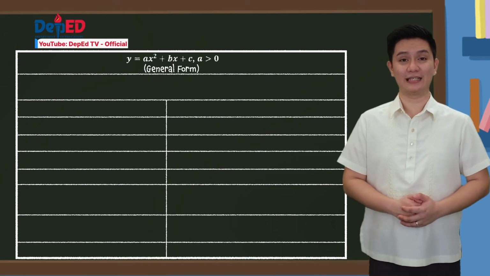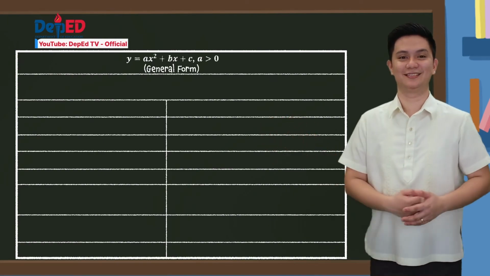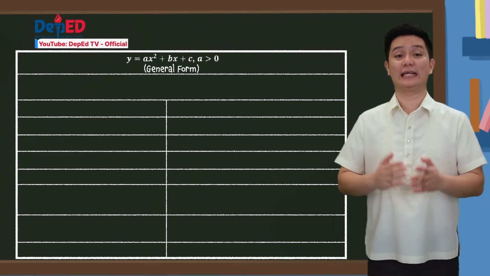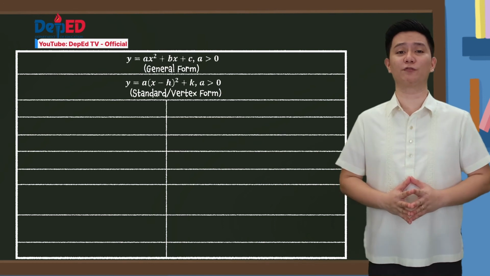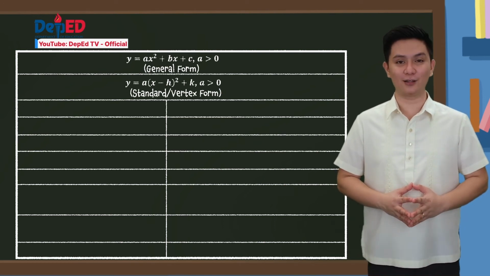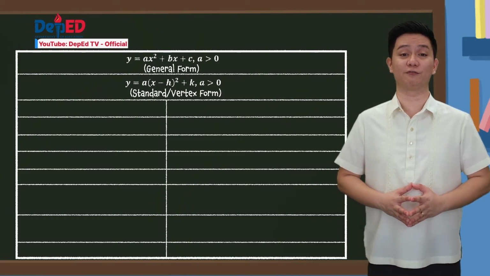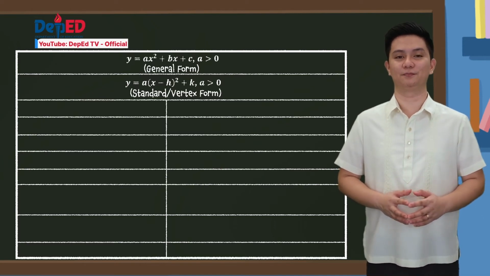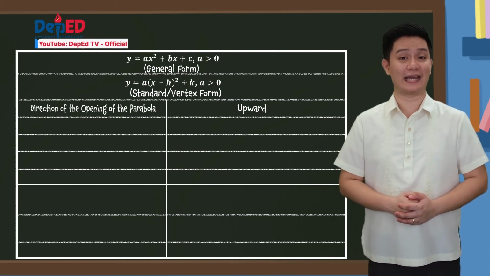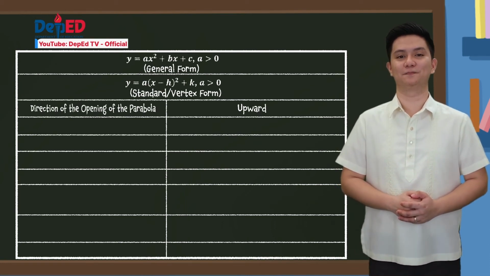As a summary, let's see this table. Given a quadratic function written in general form, it can be rewritten in standard or vertex form. And if a is greater than 0, the following are the characteristics of the function and its graph. First one, the direction of the opening of the parabola is upward.